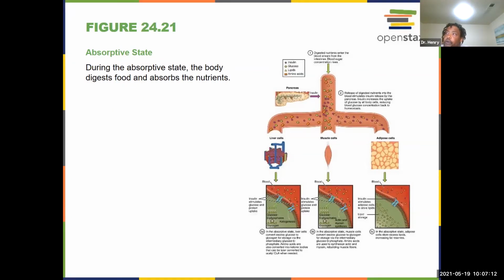So in step one at the top, we're going to be eating stuff, right? We're digesting it, and it's going to enter the bloodstream from the intestines, and then our blood sugar is going to rise. If our blood sugar rises, then the pancreas is going to be secreting insulin. It's going to let us know, hey, blood sugar is rising, so that sends a signal out.